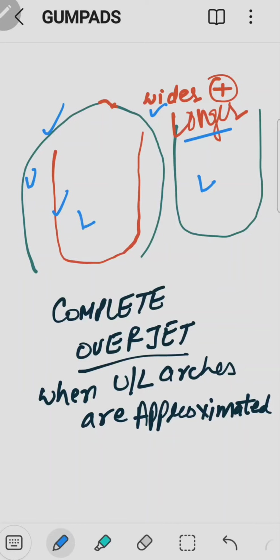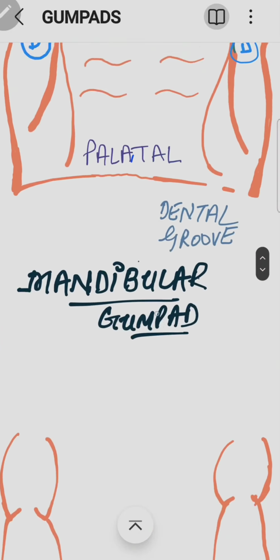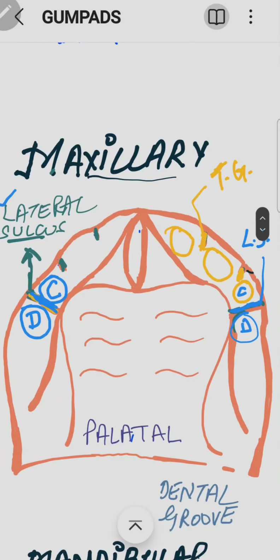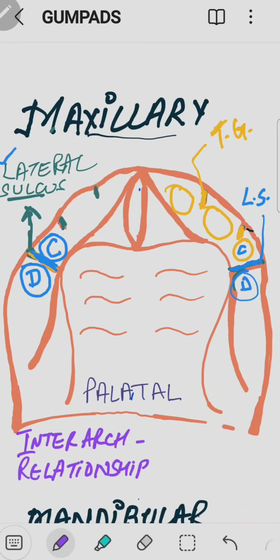When they are approximated on each other, there is a complete overjet between the upper and lower arches. The lateral sulcus particularly helps in determining the inter-arch relationship at a very early age. That determination of the inter-arch relationship at an early age is judged with the presence of the lateral sulcus, and that is why it is very important.